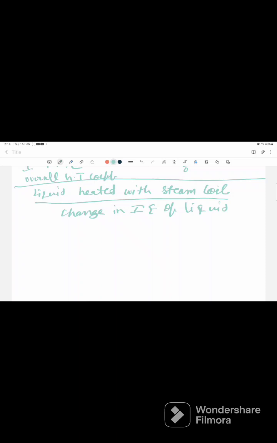So we assume that all the heat comes from the steam coil and goes into increasing the temperature of the liquid: m Cp dT by dt.